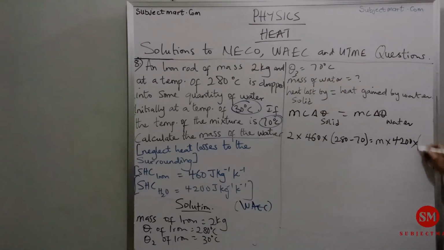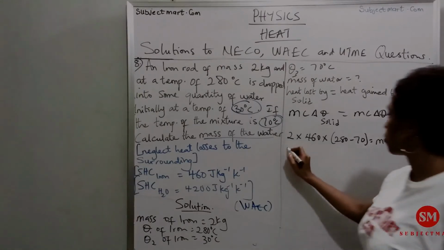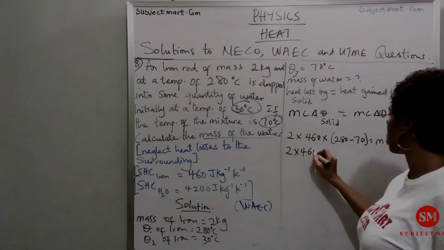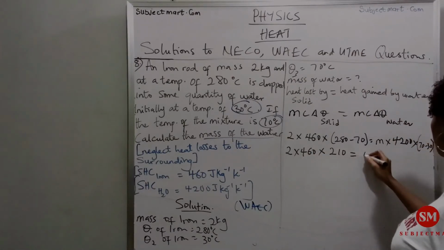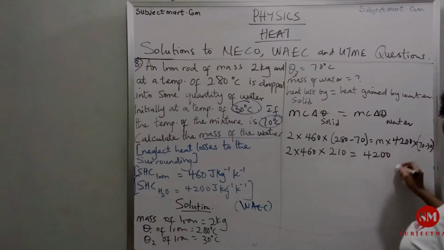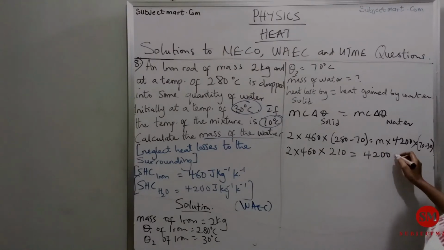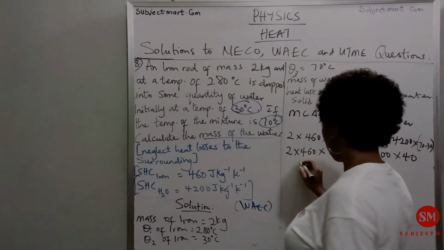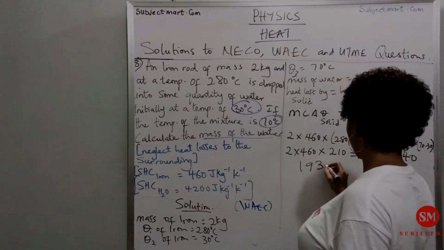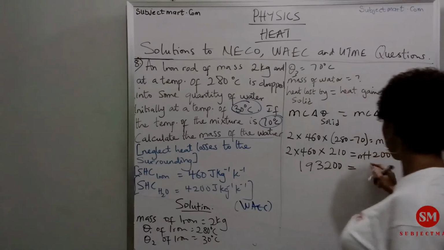So I have 2 times 460 times 210 is equal to 4,200 times 40 times M. So multiplication of this will give me 193,200.